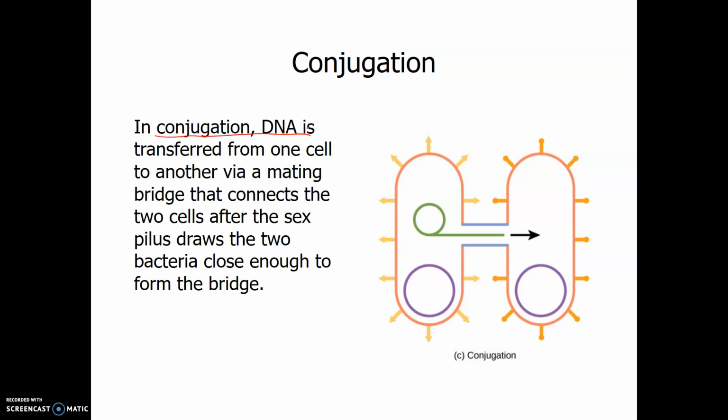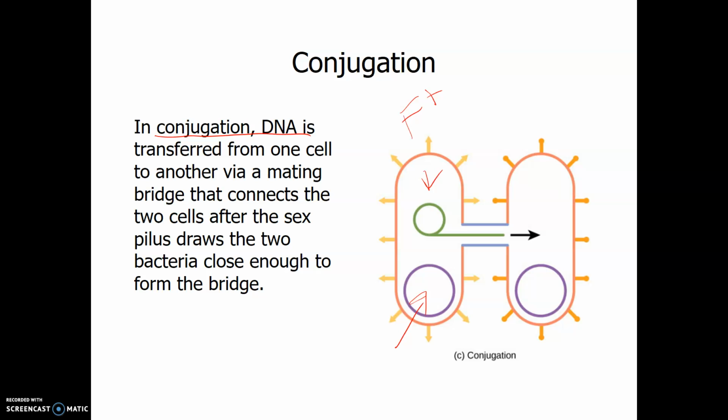And that is when one bacterial cell, referred to as the F positive, contains the F plasmid. A plasmid is a small circular piece of DNA in addition to the large circular DNA that serves as the bacterial chromosome. So a plasmid is extra DNA.